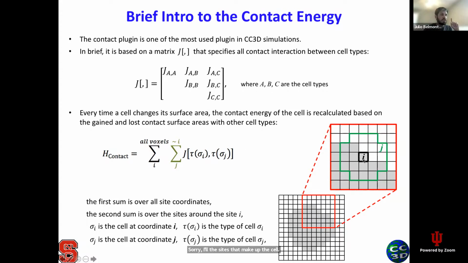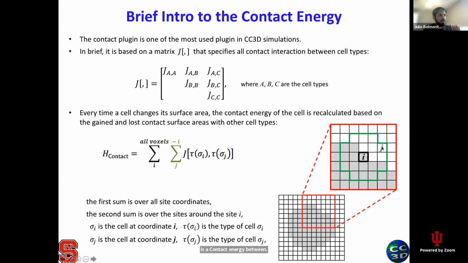And for each site that you go over in the cell, you have some kind of interaction distance or interaction range, where for that particular site, you go over all the other sites that are within this green outline, and then you look, okay, what is the contact energy between this one and this one?